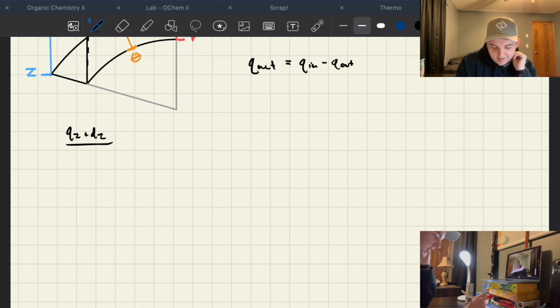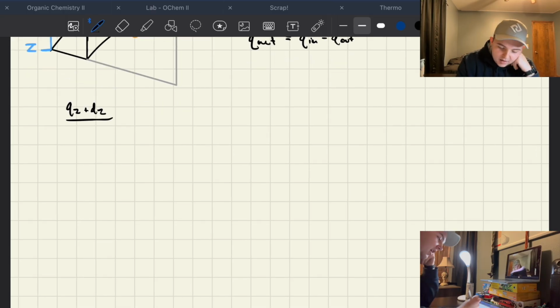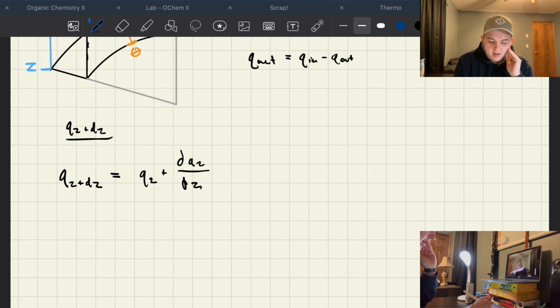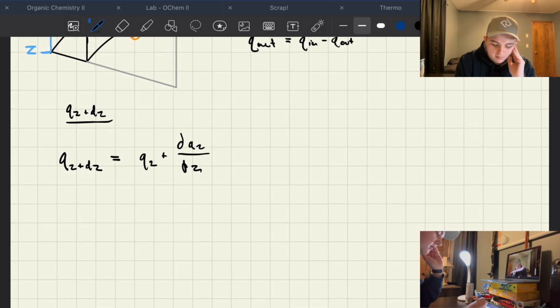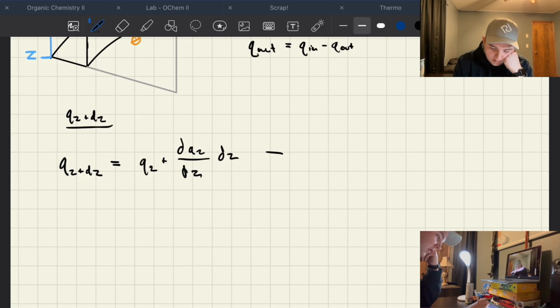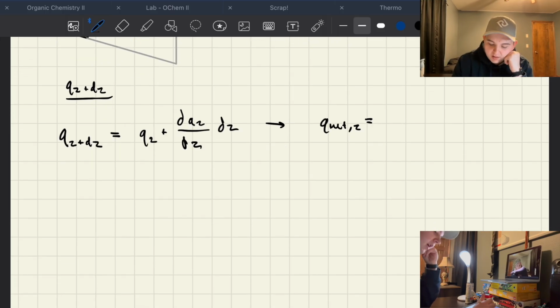So this is going to be equal to qz plus dqz over dz times dz. Oh wait, I forgot our dz here. And then we can simplify this more and do our q net z, because we're going to need our q nets for all of these areas.